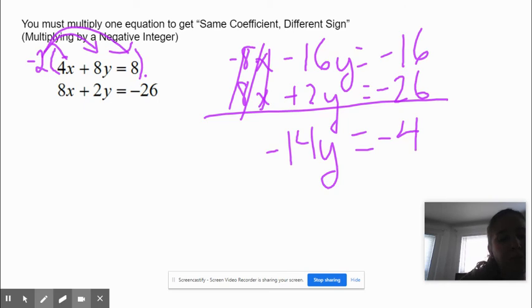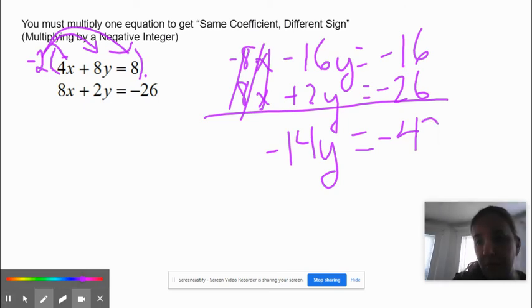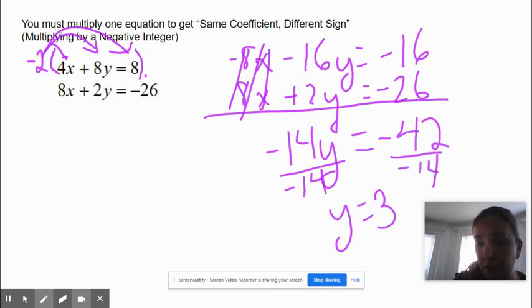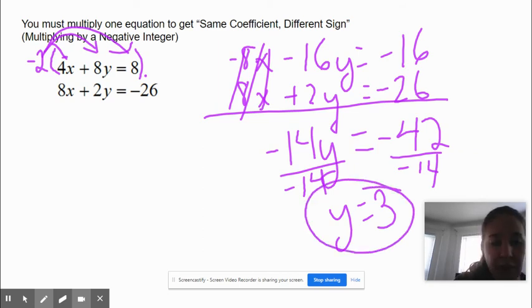Hold on. Yeah. Okay. Divide both sides by negative 14. And y equals 3. All right. So I'm going to take a note on that. Y is equal to 3.